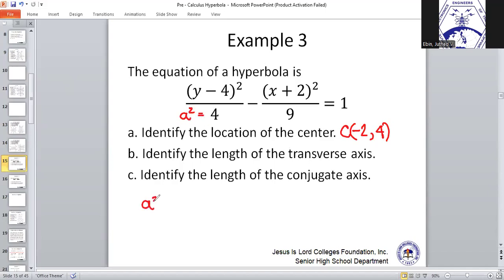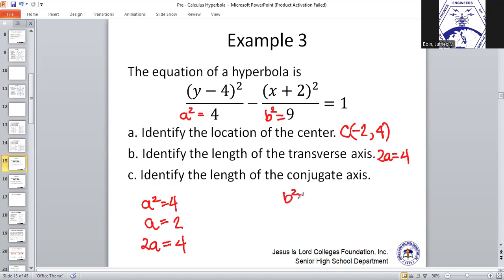Yung nasa unang denominator, this is equivalent to a squared. So a squared is equal to 4. So a is equal to 2. Then, yung transverse axis natin is twice of a. So 2 times 2, that is 4. So 2a is equals 4. Conjugate axis, ito naman yung denominator ng negative or yung pangalawang denominator. Kapag given yung standard equation, naka-equate siya sa b squared.